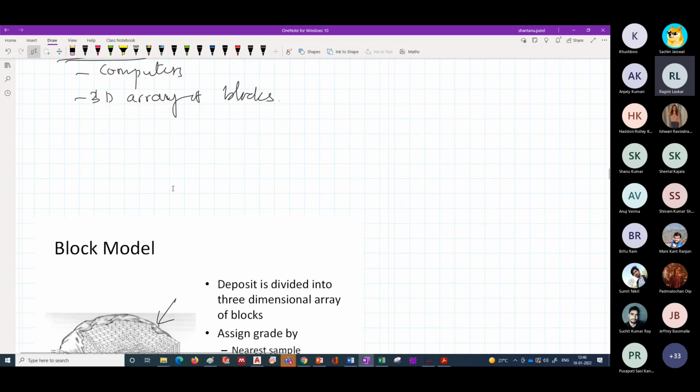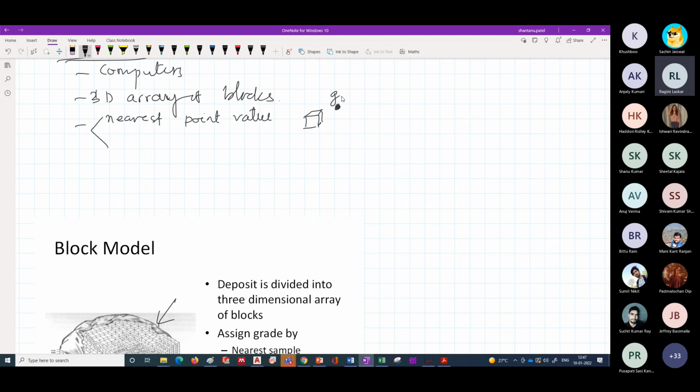Okay, and this is done in two ways. First is the nearest point: directly take the nearest point sample. If you have a block here, and let's say in 3 dimensions this is the location of the borehole, and this is the closest one.